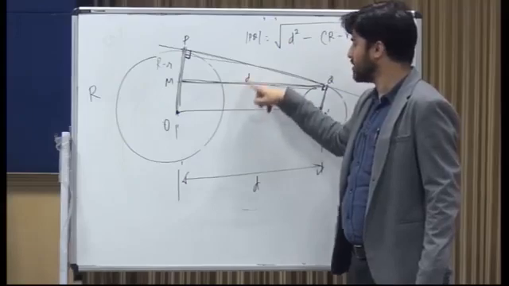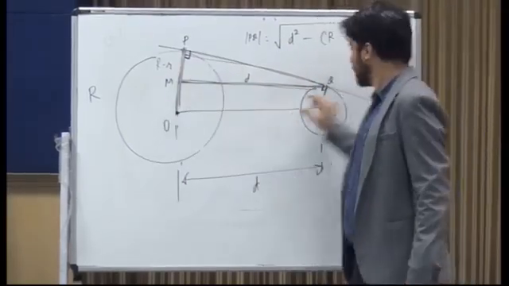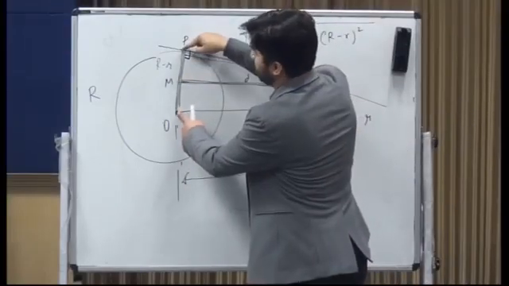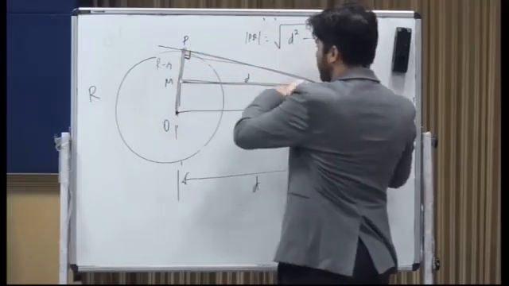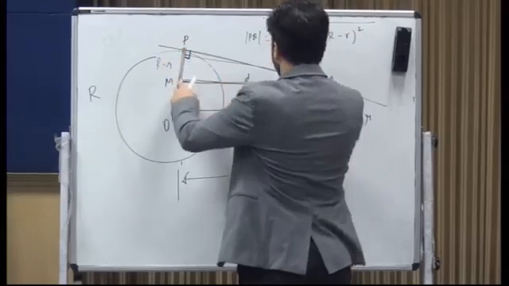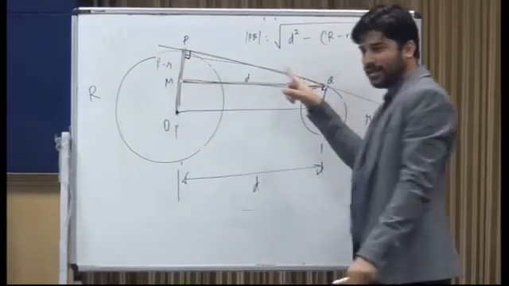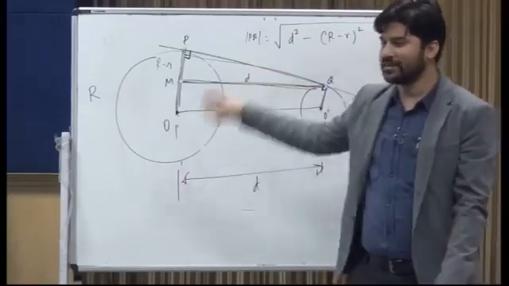So if this is D, this would be D. Now this is equal to this. This is small r, and you know this is capital R. So this would be R minus r. So out of this right angle triangle, we know this leg, and we know this hypotenuse. So I can find this, right? वो देखने में ये hypotenuse सा लग रहा है, but है नहीं, right? क्योंकि diagram वैसा बना है.